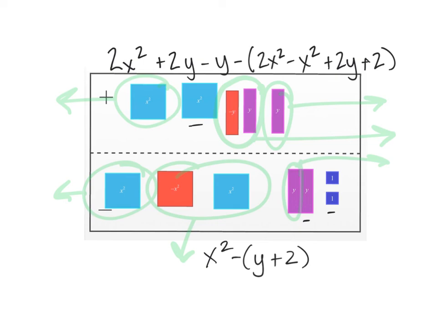So another move that we can do is flip our tiles to be in the other region. So I can move this y tile here into the positive region. When I do that, this y tile would need to flip over and become a negative y tile.